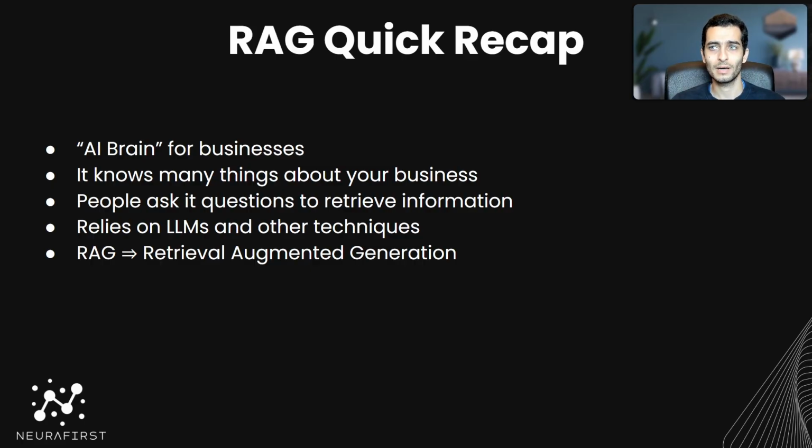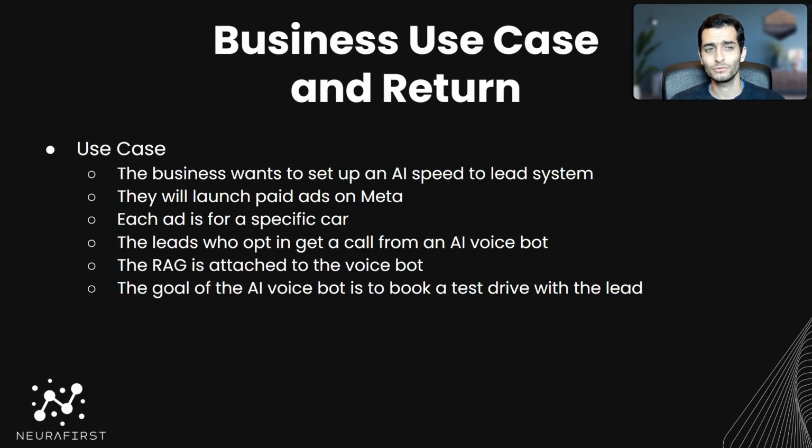So basically, it's about combining the unique data of a business plus the intelligence of LLMs like ChatGPT and Gemini to answer something in an accurate and specific way. That's pretty much it. Now let's move to the business use case and return.